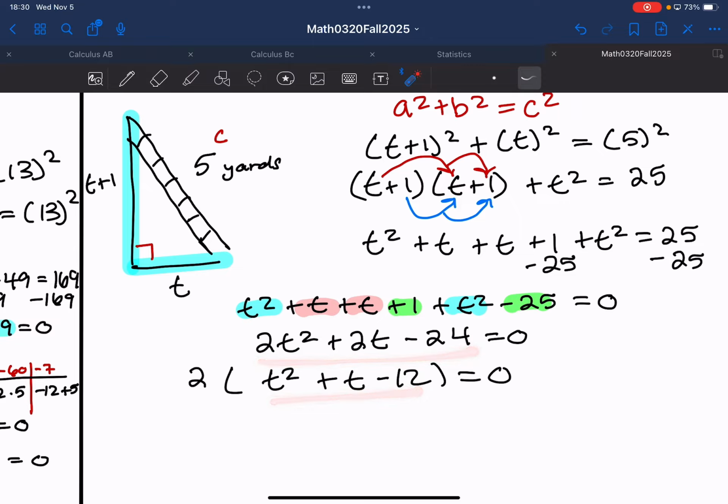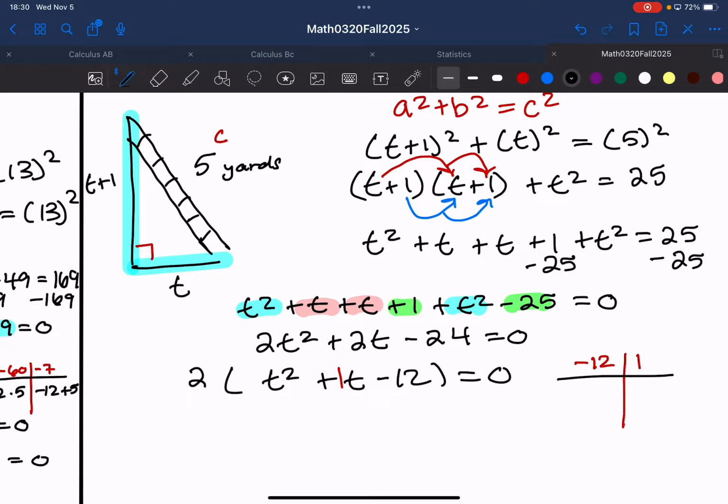Okay, so if we do a times c, what do we get? Negative 12. And what's our b value? 1, right? Because if we don't see a number in front of our variable, we know it's 1. So what two numbers multiply to negative 12 but add to 1? 3 and 4.